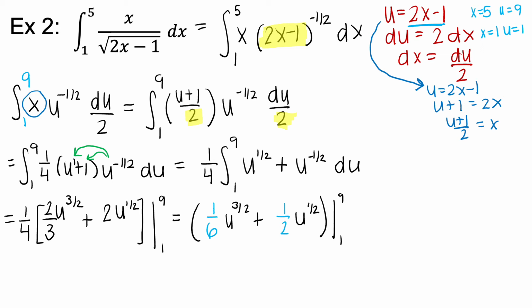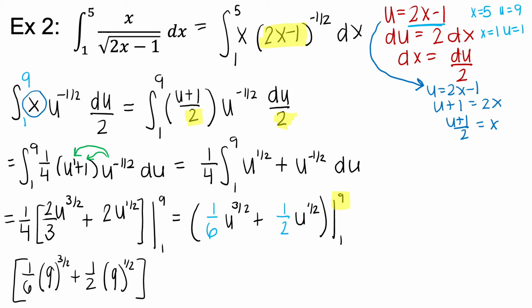So we can go ahead and plug in. Let me go down so I have a little bit of a bigger space here. If we're plugging in a 9, we would get 1/6 times 9 to the 3/2 plus 1/2 times 9 to the 1/2.